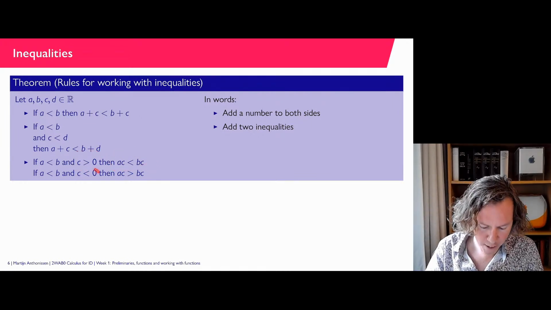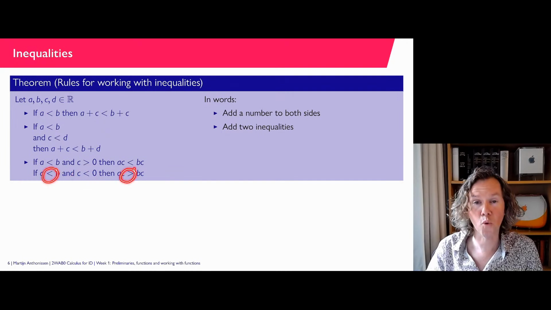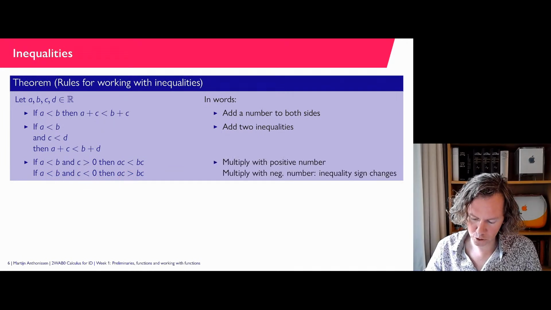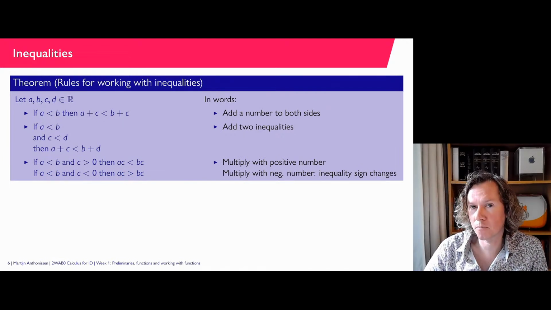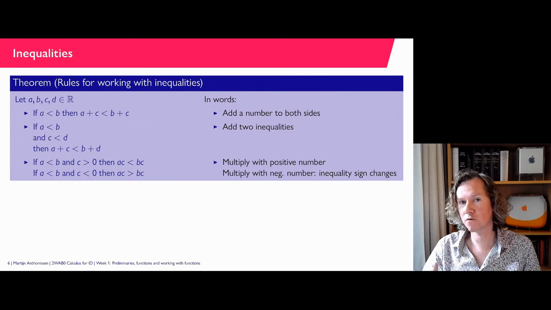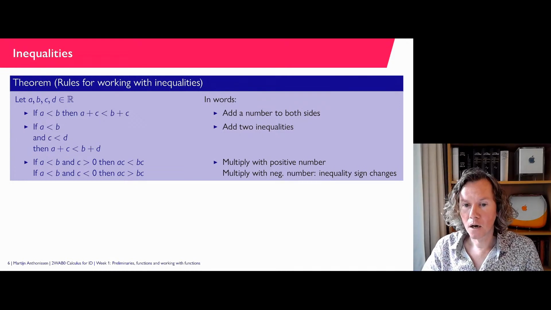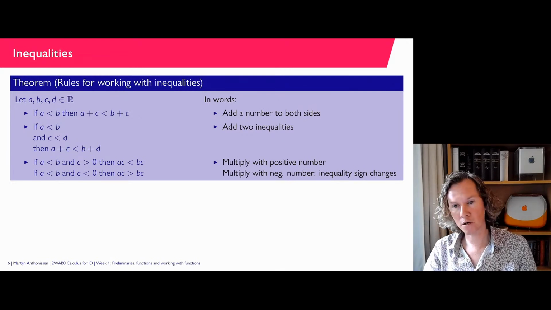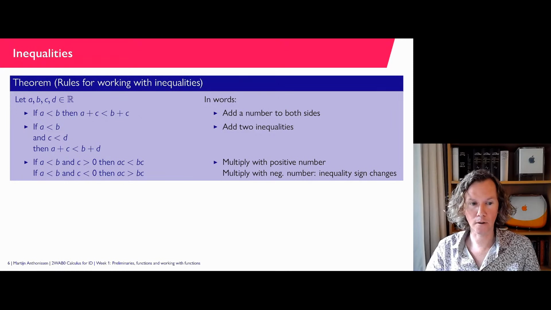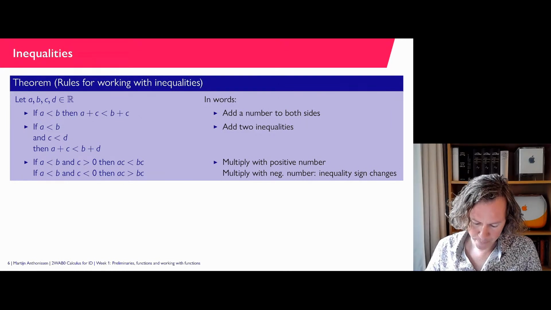But if you have a negative number, then the sign swaps. So in words, you can multiply with a positive number, divide by a positive number, it's more or less the same. Or if you multiply with a negative number, then the sign swaps. Less or equal becomes bigger equal, and bigger becomes smaller. Okay.